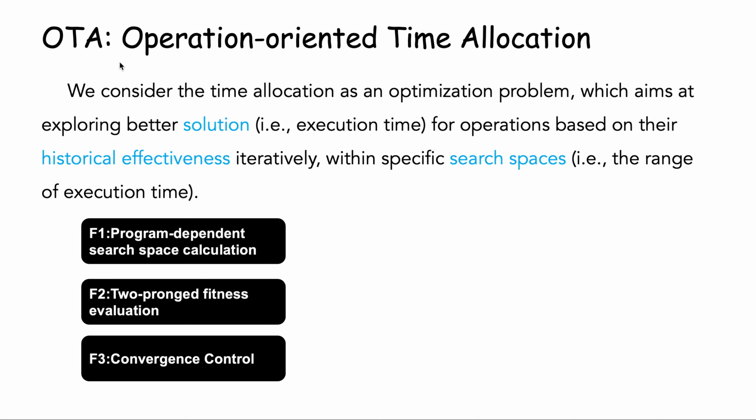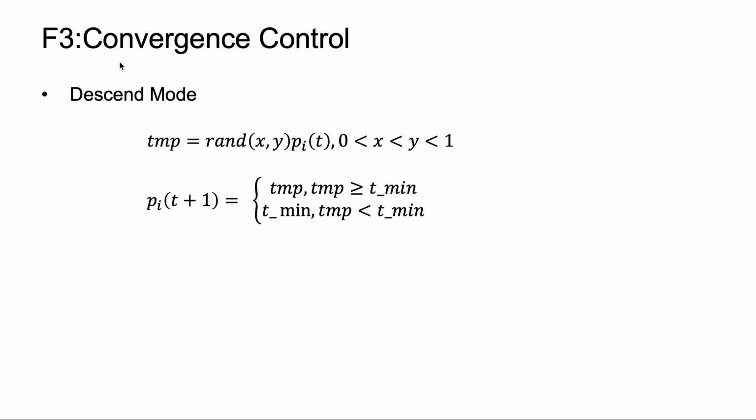The last feature is convergence control. In extreme cases, the determination of execution time should be well controlled to achieve quick convergence, and this is achieved by the descent mode and the ascent mode. If an operation fails to generate interesting test cases in several iterations continuously, this will trigger the descent mode.